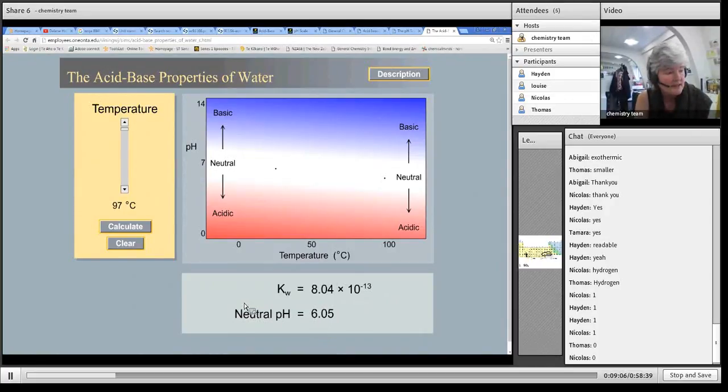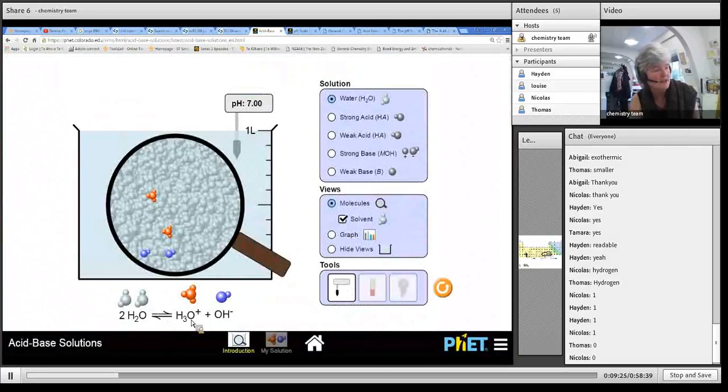We still have an equal number of hydroxide ions to hydronium ions, so it's still neutral, but what happens is my equilibrium constant has changed. So if I go back here, we've now got more hydronium ions.